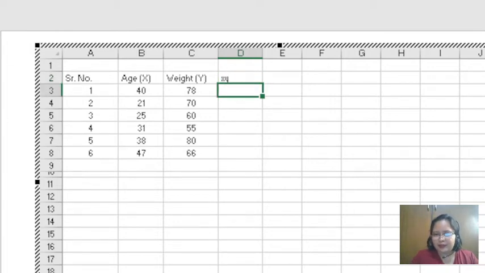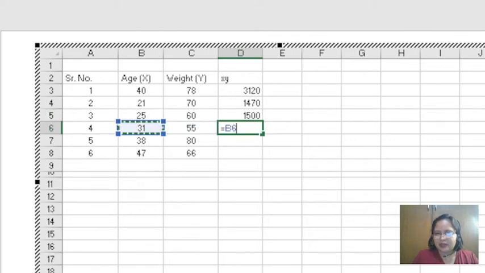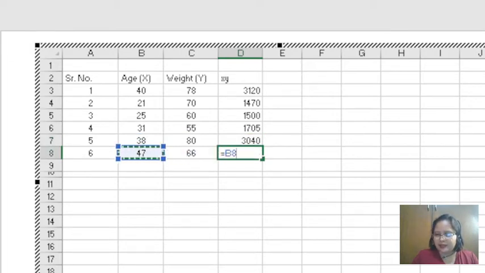So this one, 40 times 78. Okay, so 3,120. So same procedure for the second person, and the third person. We have to multiply. Okay, next.